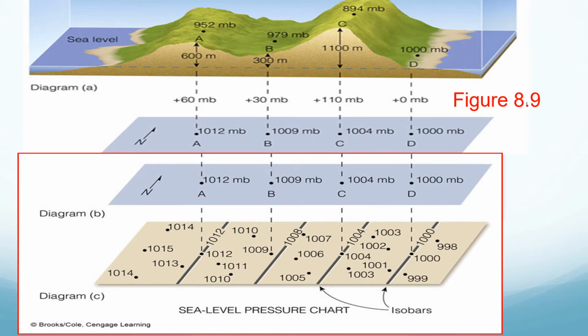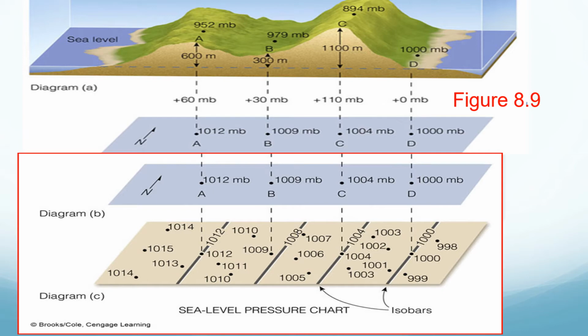One thing comes up: isobars. We know an isobar is a line connecting points of equal pressure. Isobars are drawn at intervals of 4 millibars with 1000 millibars being the base value.